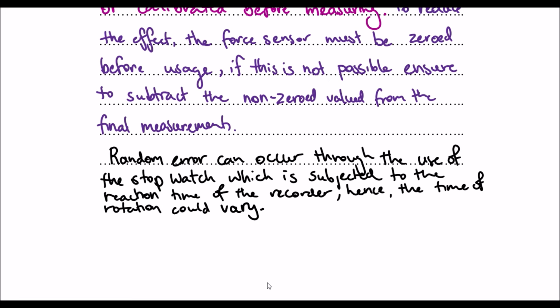So there's a couple of ways you could minimize this error. One is by increasing repetition. So you could do multiple recordings for that specific rotation. If you detect a certain force on the sensor, you could try and record the time it takes for one revolution multiple times and then do an average.